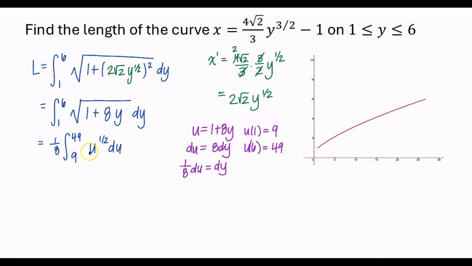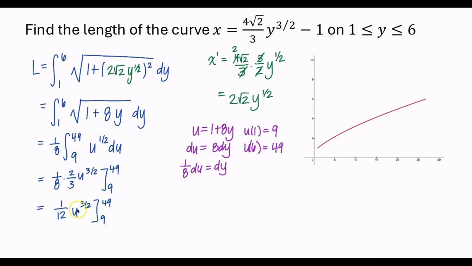And now the antiderivative of u to the 1/2, so we're looking at 1/8, and then u to the 3/2 times 2/3, evaluated from 9 to 49. And here we can reduce the 2 over 8, that's 1 over 4, so I have 1 over 12, u to the 3/2, evaluated from 9 to 49.